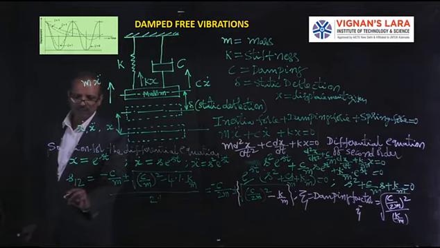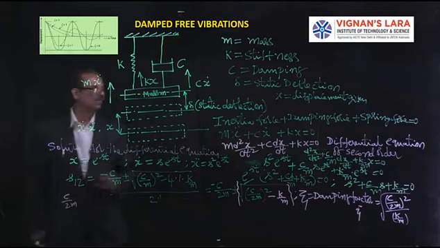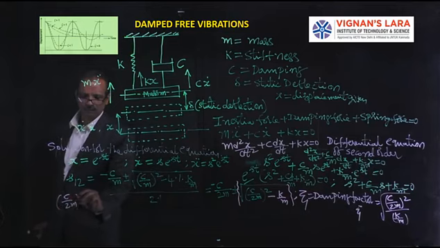Suppose c by 2m whole square is greater than k by m.